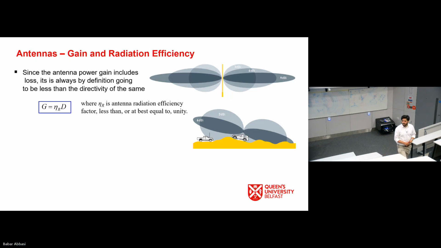Data. Okay, data has two things. Data can be from Wi-Fi or from GSM or 3G, 4G. Both have antennas, and both have different antennas. Any other example? Microphone. Yes, it has an antenna here. This thing is an antenna.